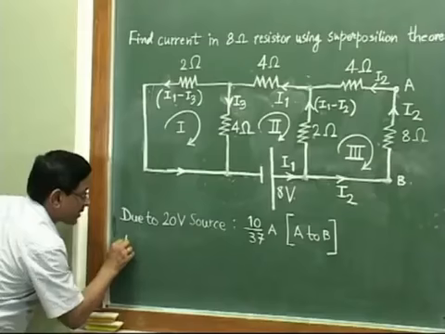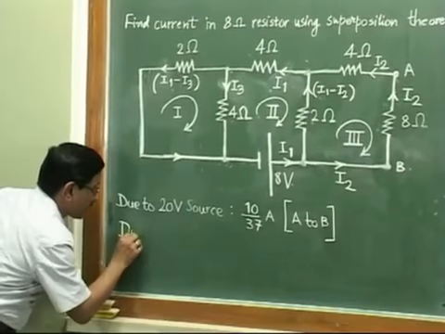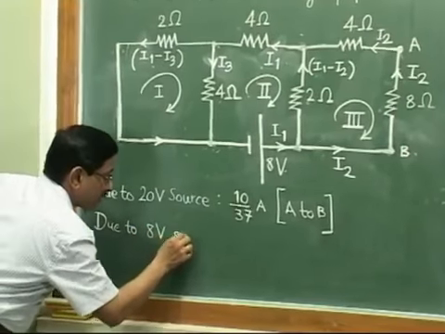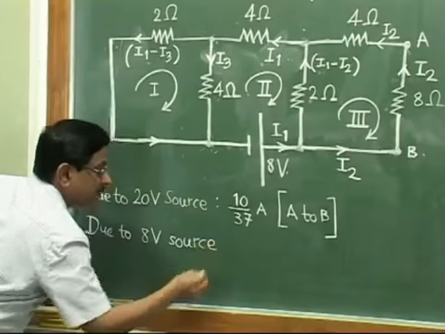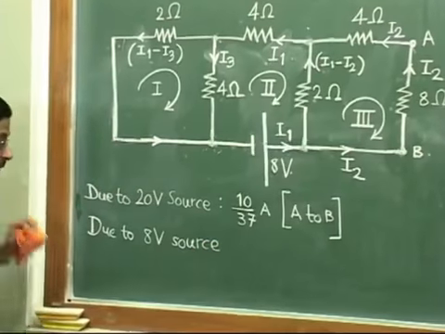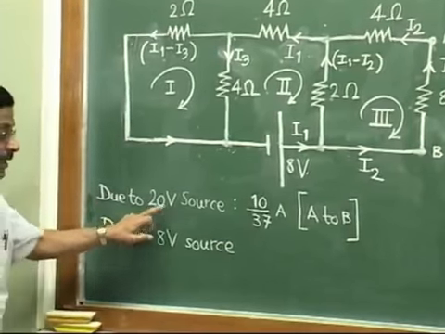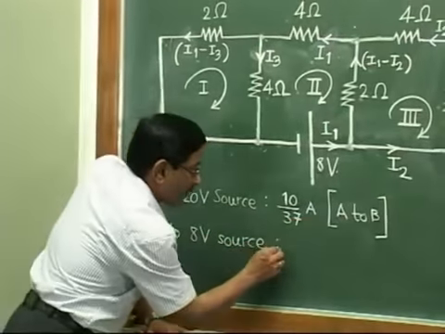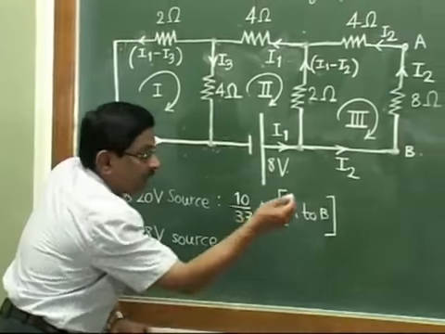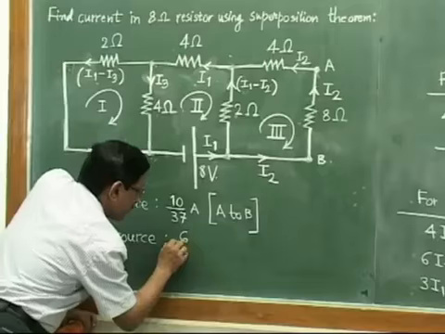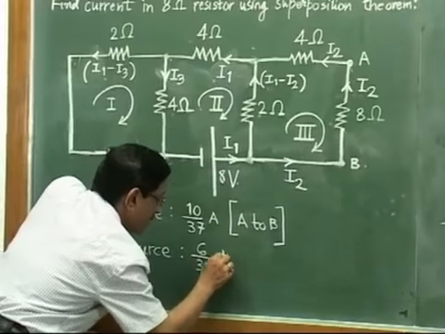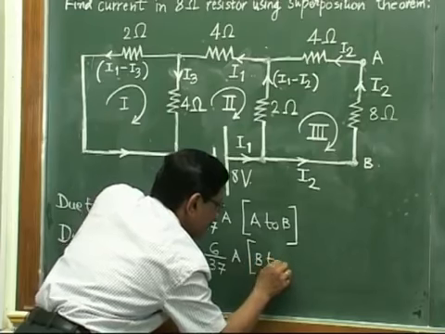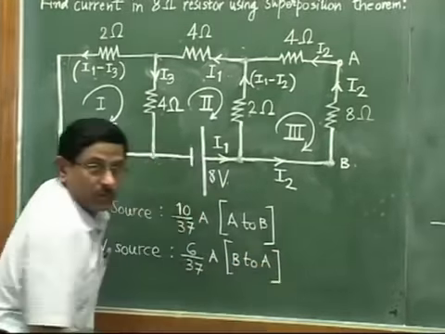And then second thing we have done, the 8 volt source. See, they are acting alone every time. It is their individual effect in the circuit. So when only 20 volt battery was acting, this was the current in 8 ohm resistor and this was the direction. Second thing also we have just calculated and found out the current here, what we had got, 6 by 37 ampere. But this direction was not A to B, this was B to A. So two results we have obtained.